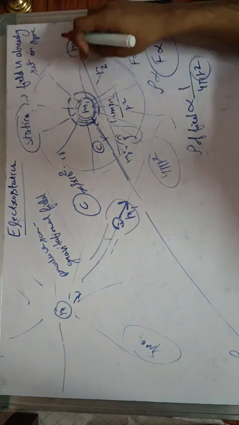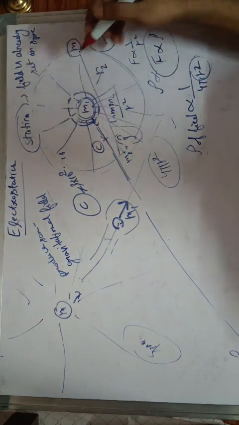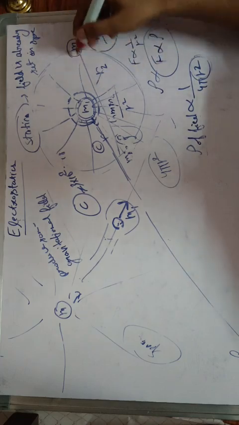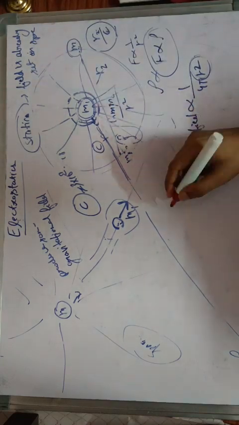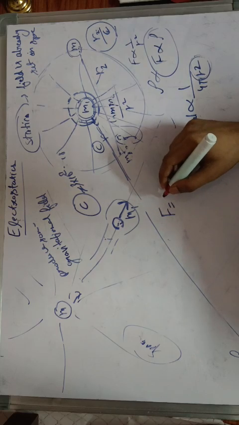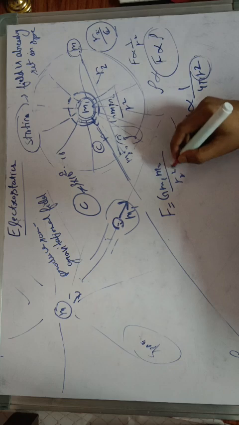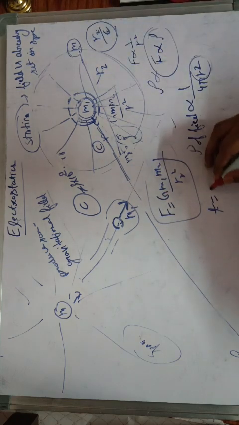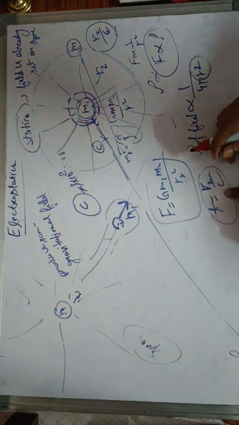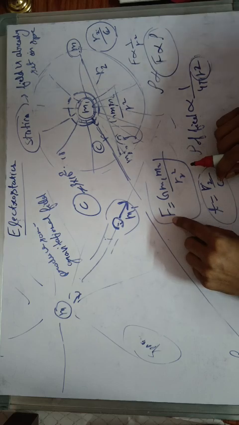After this time the field from this point will reach here. So the new field, according to this position, would say that the force is equal to G m1 m2 upon r2 square. This force would be felt after time equal to r2 by c. So this would be the time taken for this new force to occur.